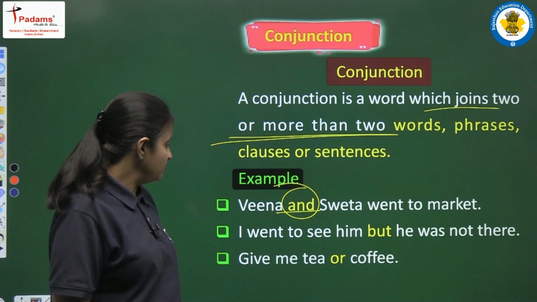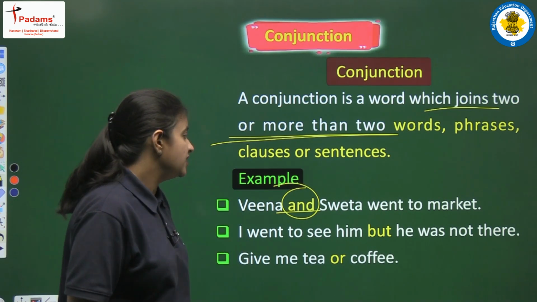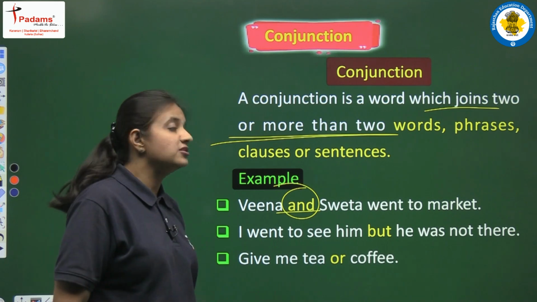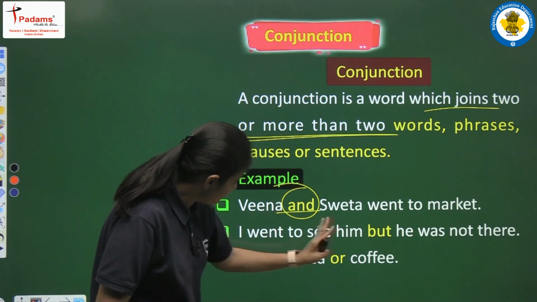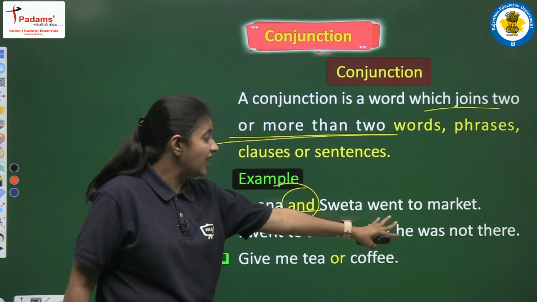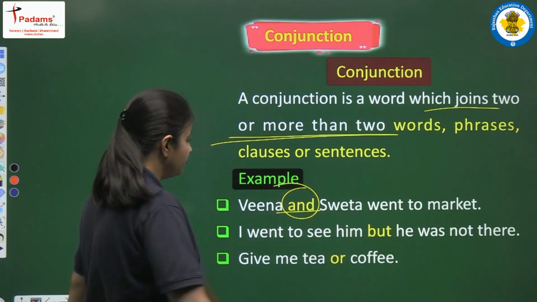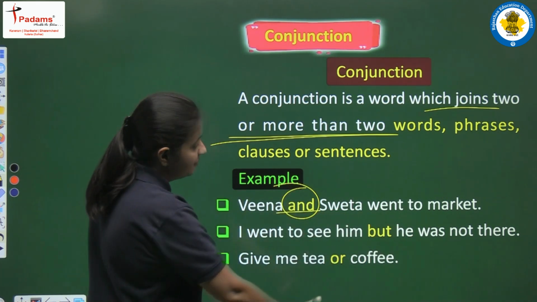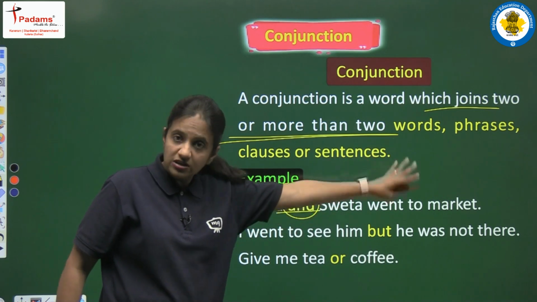Similarly, one more sentence we have here: I went to see him but he was not there. In this sentence we can see that basically we have two sentences. The first sentence is I went to see him, the second sentence is he was not there.